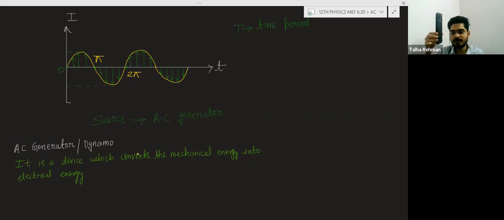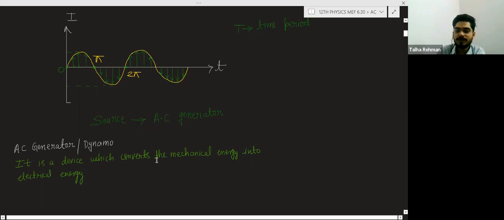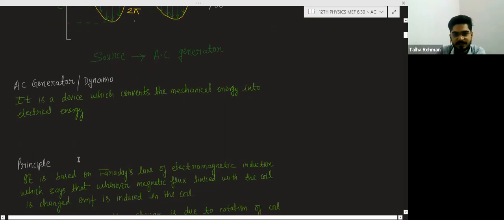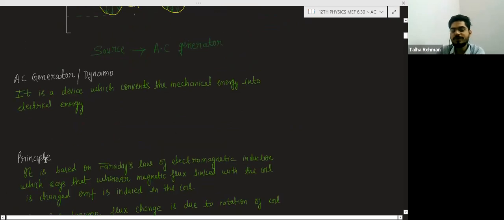Suppose this is the coil, and here is the uniform magnetic field, and this coil is rotating in the magnetic field. Due to the rotation, there will be a current. We will discuss this in detail. First you should know what the AC generator is and what the principle of the AC generator is.